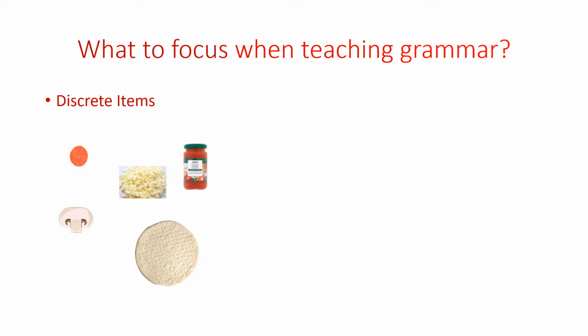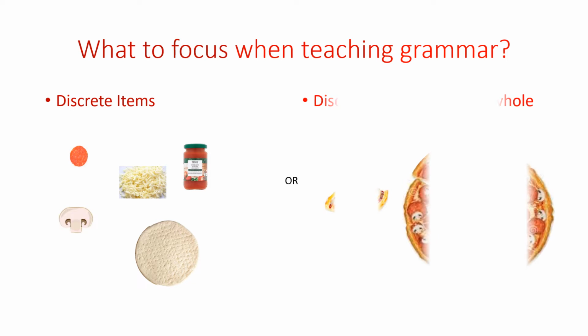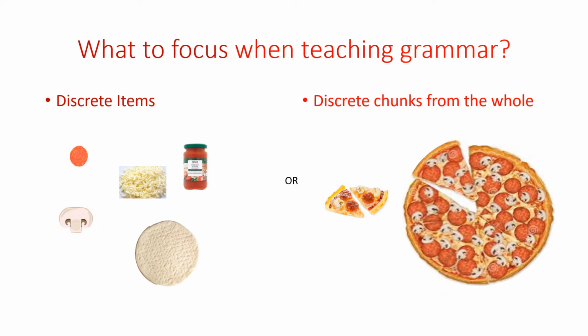So in terms of grammar, the discrete items would be the parts of speech. So if you learn all the different parts of speech, you should be able to assemble or structure them appropriately into a sentence, right?